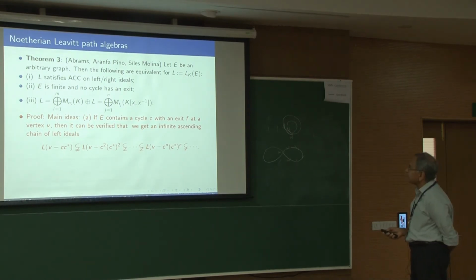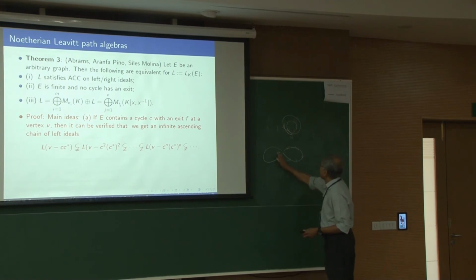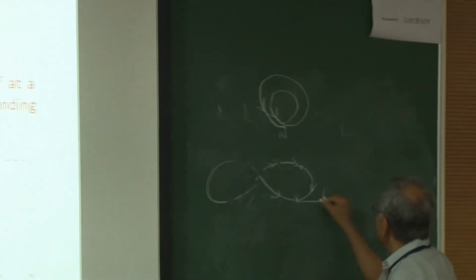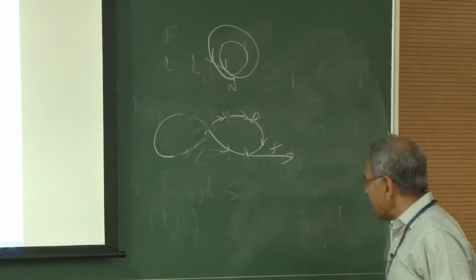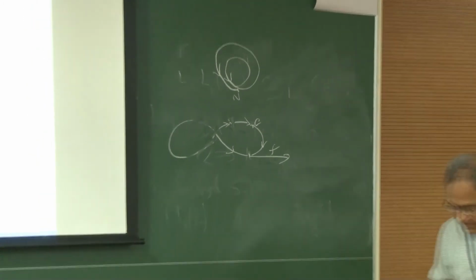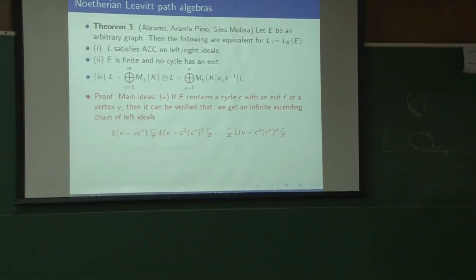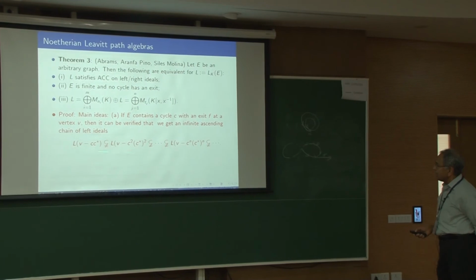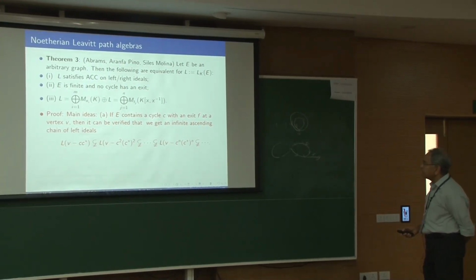Suppose a graph contains a cycle C, and there is an exit F, and just a quick reminder, exit means what? This is a cycle C, and it has an additional exit F coming out of it. Then automatically you get an infinite ascending chain. This chain of left ideals generated by V minus CC star.